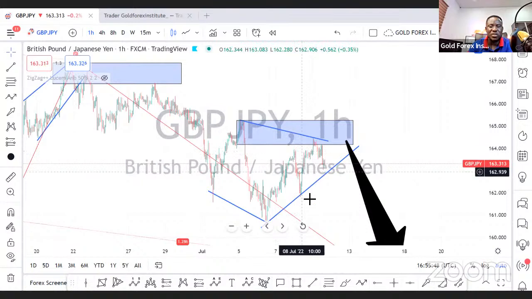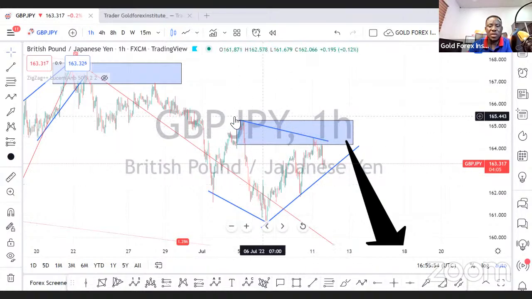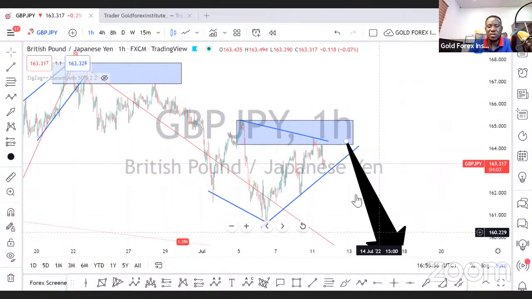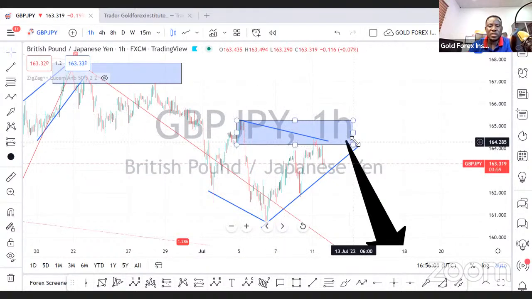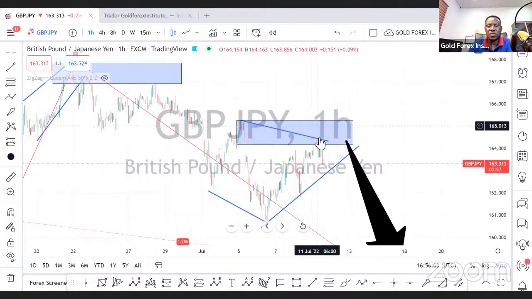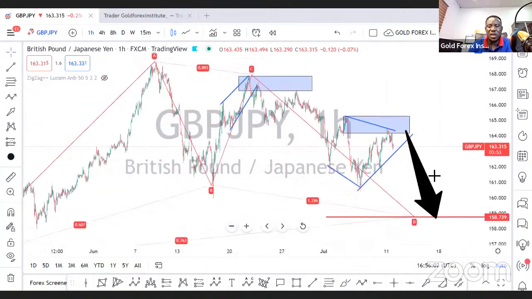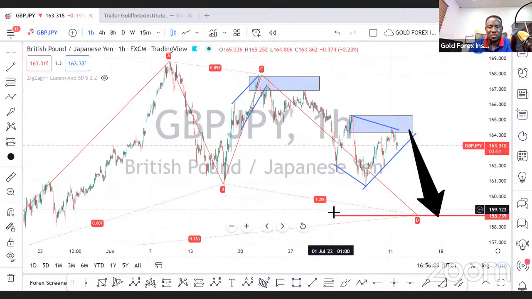I thought the running flat would have started here, but it rather went up against us. We had good stop loss around here, right? We calculated 3%, so it was quite good. Now we are using this risk to target this reward. I think this one will be 1:3 risk to reward ratio. Probably 1:2.